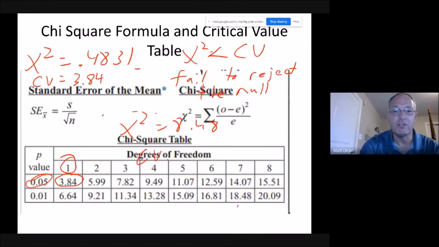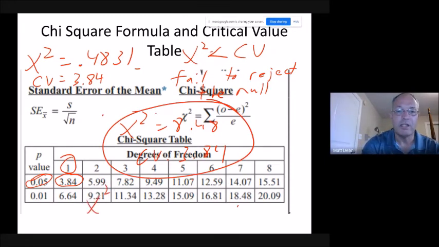Our critical value is still 3.84. In this scenario, chi-square is greater than the critical value, which means you're going to reject the null hypothesis. And when you reject it, that's saying that there is a significant difference between your observed data and your expected data, and that something is causing those differences other than chance.